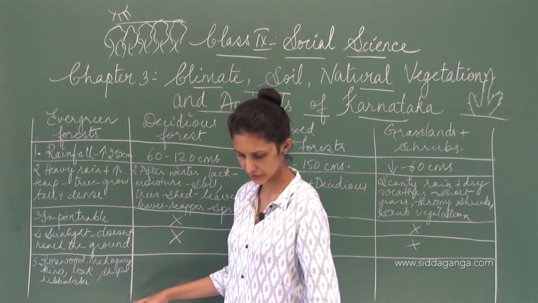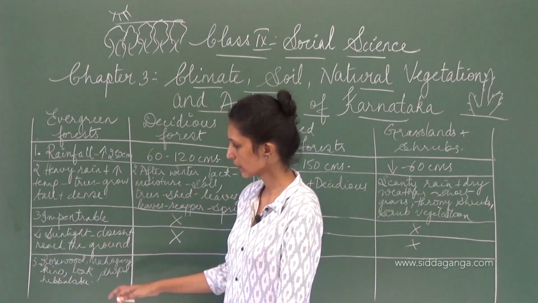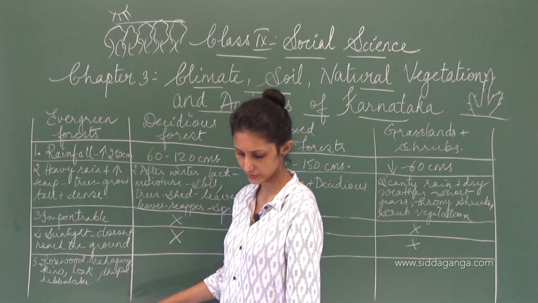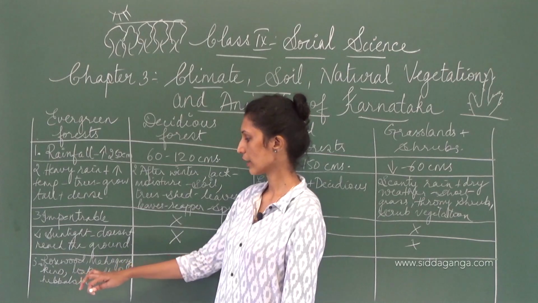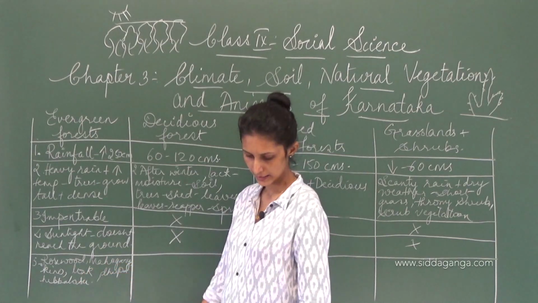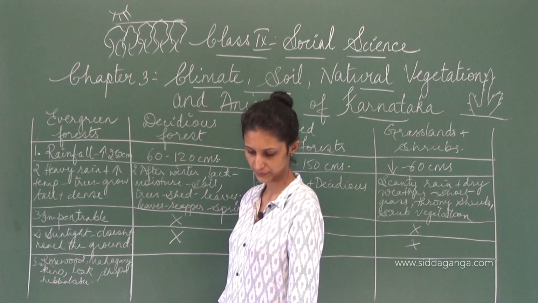That's there in your text, page number 101. These are the trees that are grown in the evergreen forest. That is rosewood, mahogany, kino, teak, dhupa, and hebbalasu.